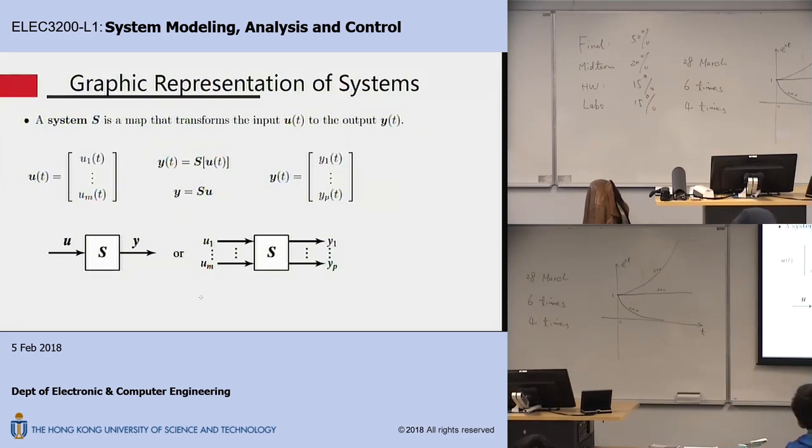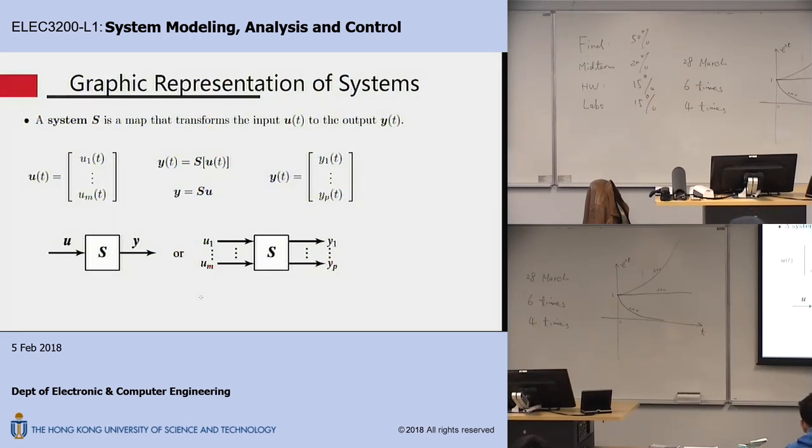So if indeed M is greater than 1 and P is also greater than 1, then you say this system has multi-input, multi-output. Then it's a MIMO system. So in the case of a MIMO system, you put all the inputs in a vector, u(t).